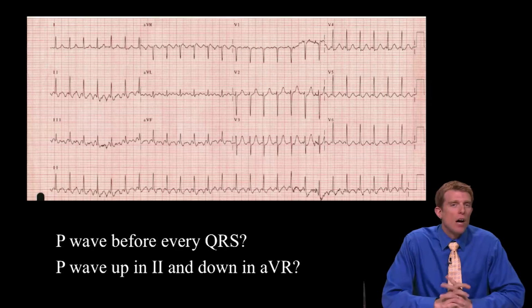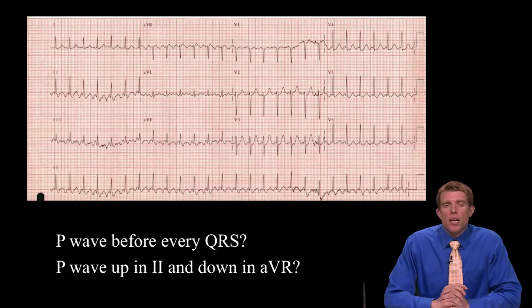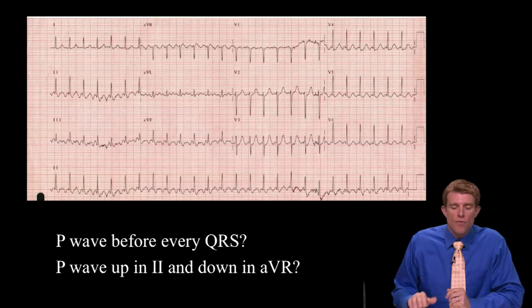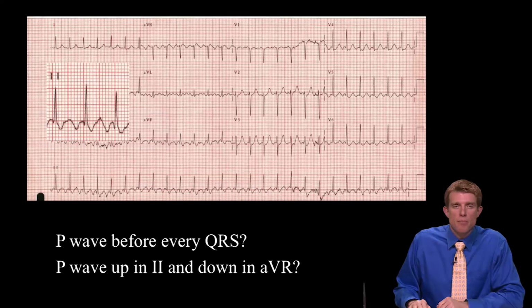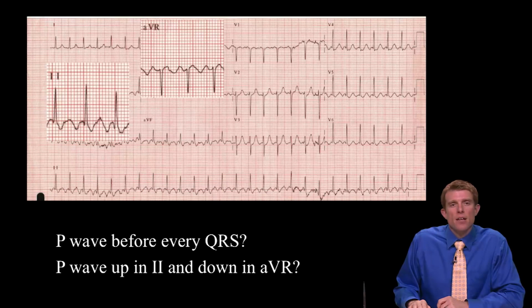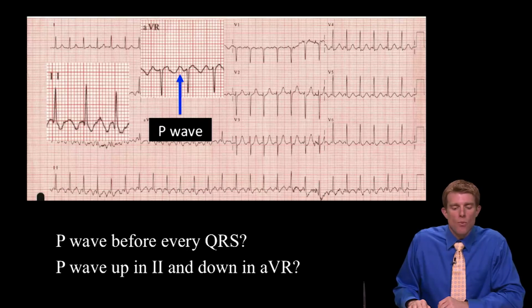But we have our two follow-up questions, right? Is there a P wave before every QRS? And the answer is we do see a P wave preceding every QRS. And then, are the P waves up in lead 2 and down in AVR? Here you can see the P wave in AVR actually appears up, above the baseline.